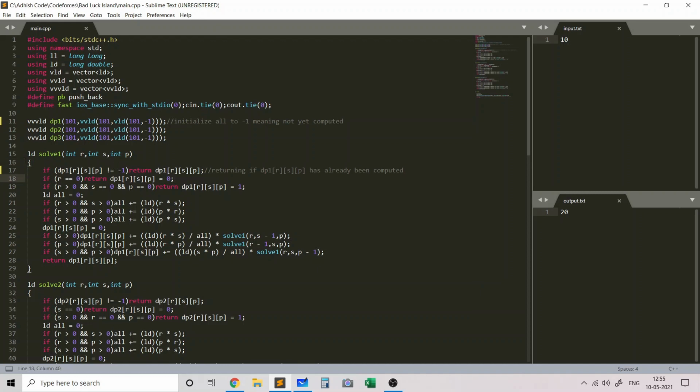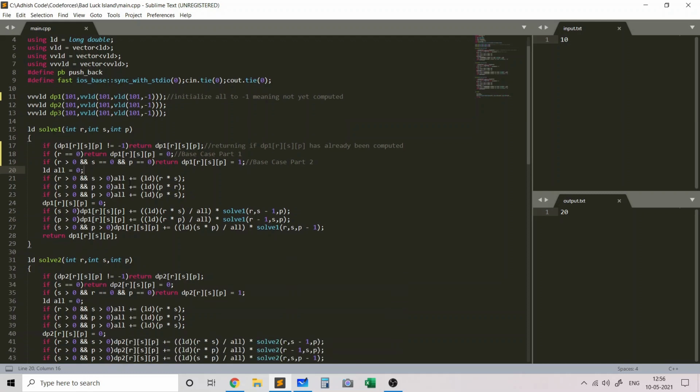If R is 0, this was our base case part 1, then the probability is 0. And if R is greater than 0, but S and P are 0, then we return DP1 of RSP as 1.